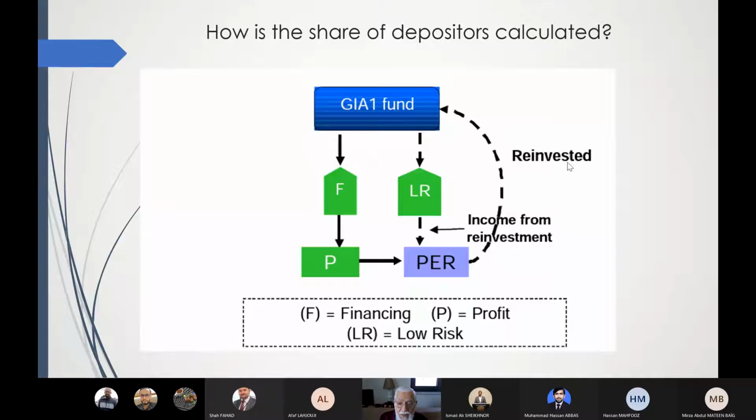Do you have an answer, Mirza, to this question? Yes, I mean, why should the maximum be 30% of the total deposits, not 30% of the total of deposits plus shareholders' equity?